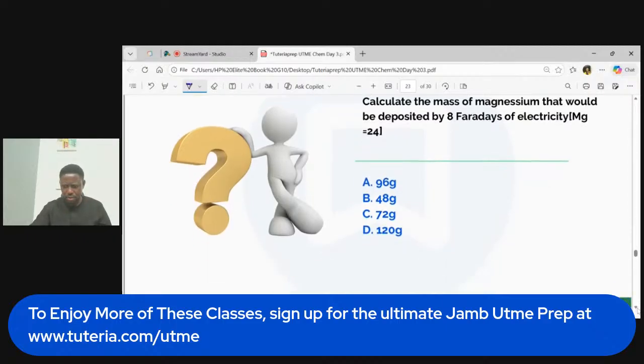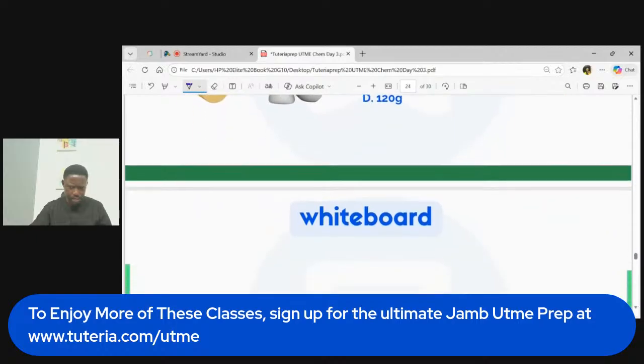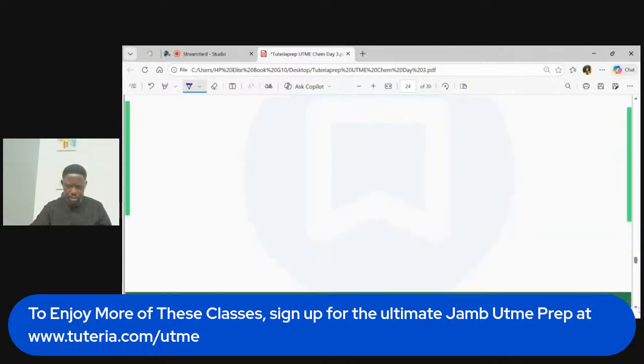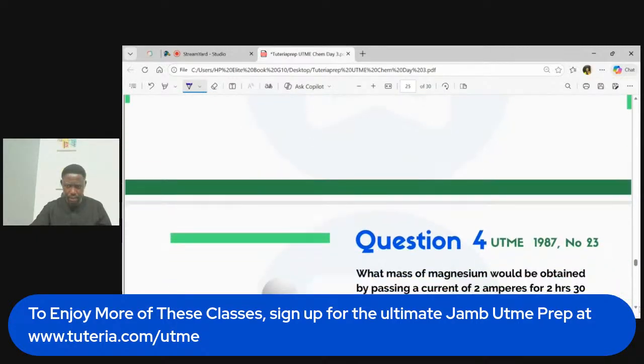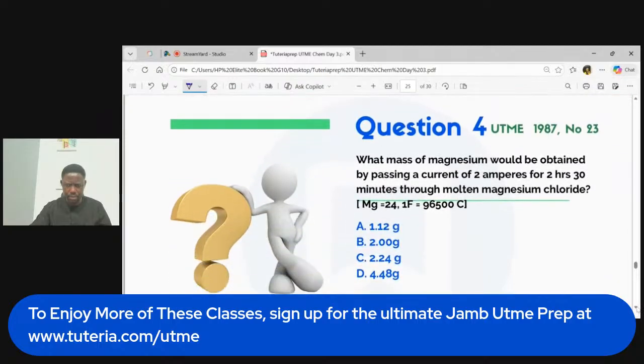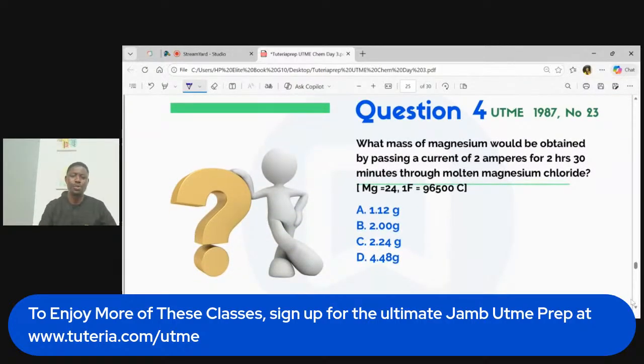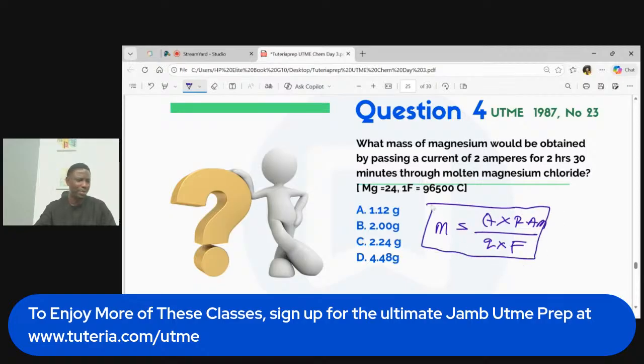The second one, screenshot this. This last one, screenshot this, please. So these are the two assignments I'm going to give you. Remember, explore the formula that I have given you: Q times relative atomic mass over the charge times Faraday. Use this formula and see how it helps you to solve a lot of problems.